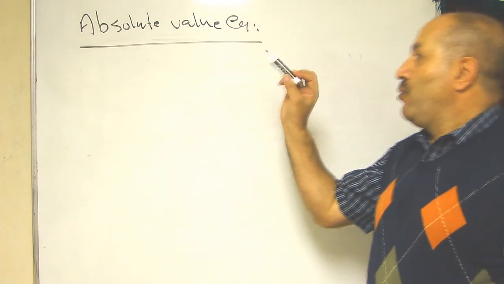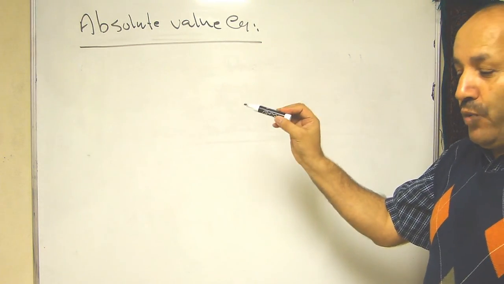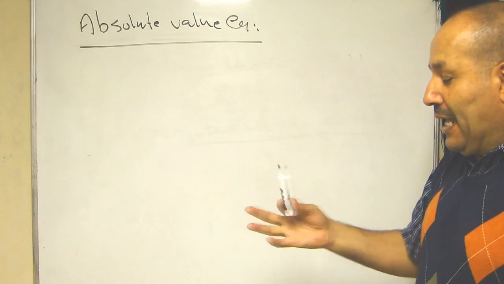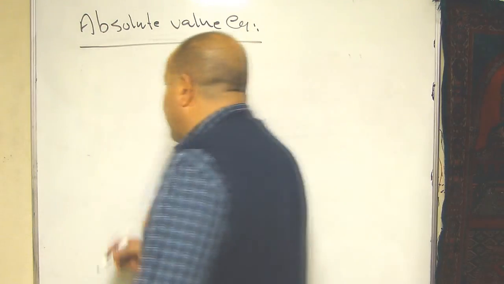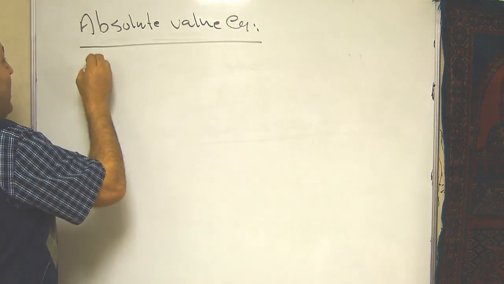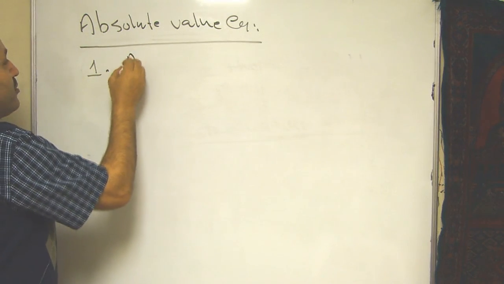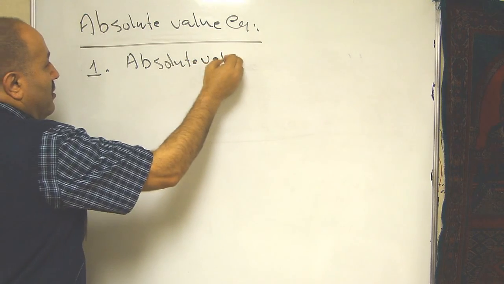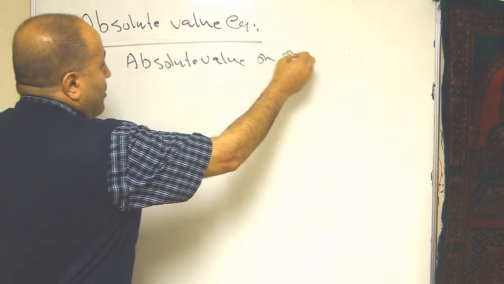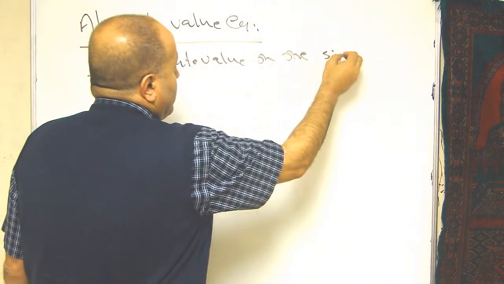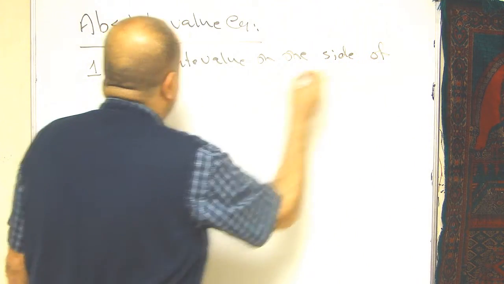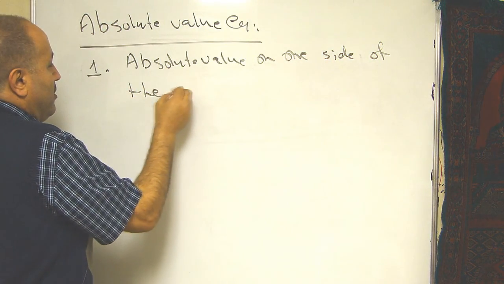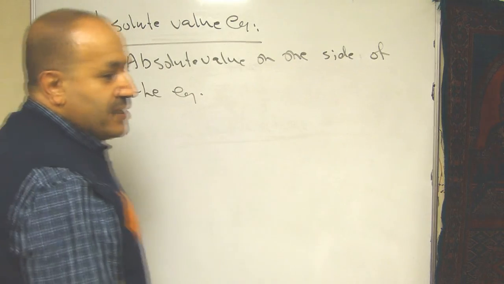So whenever we want to deal with absolute value equations, I will have to simplify it, so I will have to have the absolute value on one side of the equation. This is the first step.